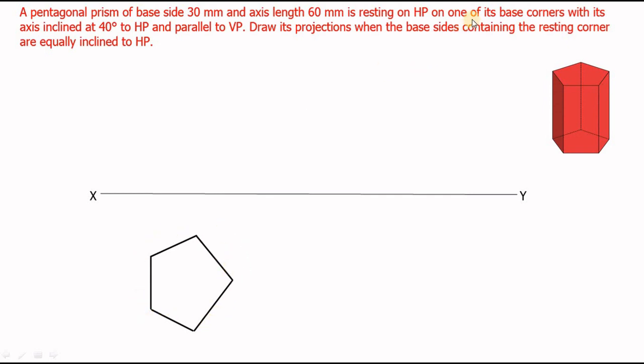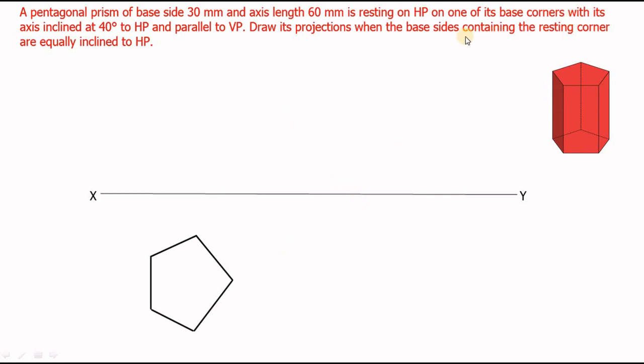Since the resting point is a base corner, we are going to take the corner on the right side. If you take the resting corner on the right side, you can tilt the prism in the second position front view in this way. If you take the resting corner on the left side, you have to tilt the prism this way. Clear?